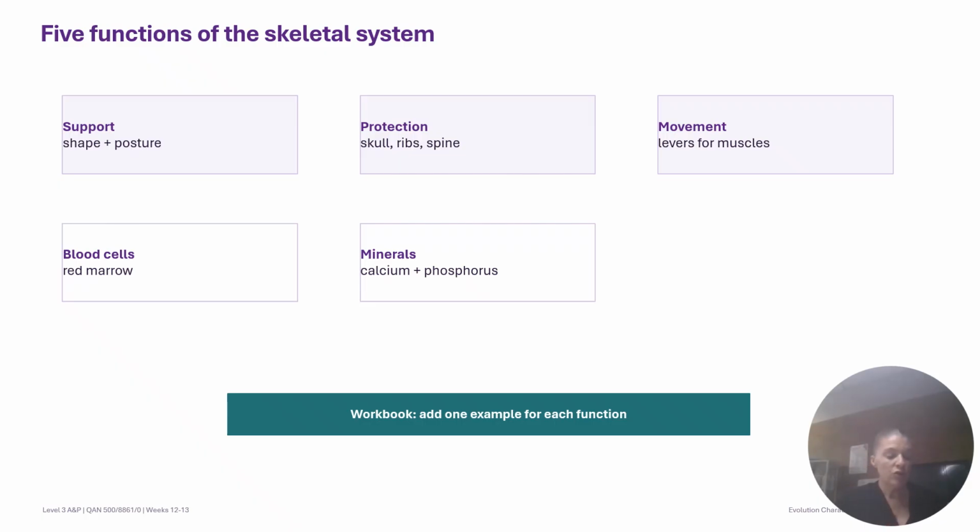All right. So first things first then, five functions of the skeletal system. What do you think they are? They're in this slide here. We've got support, protection, movement, blood cell production, and mineral storage. Think when we get older, we have an oil that goes around our joints to make them move and make them free.